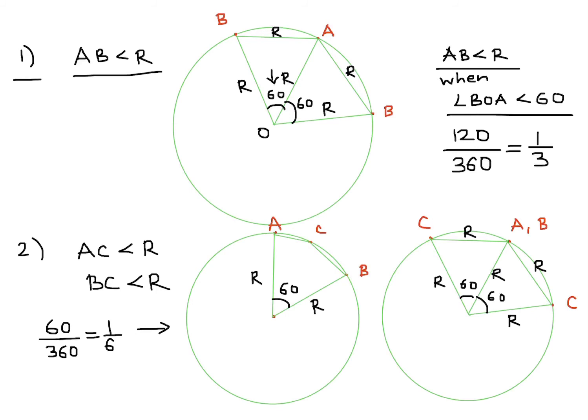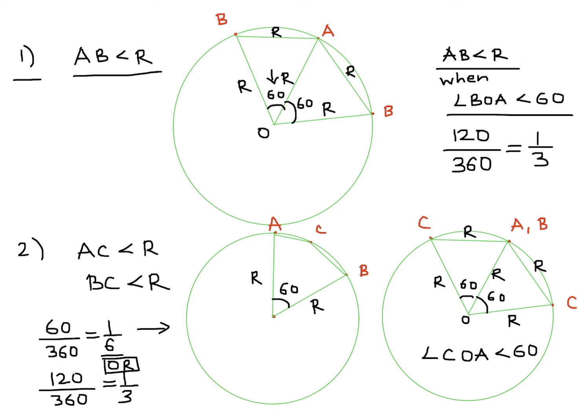Very similar to over here, I'll write it here, angle COA has to be less than 60 in order for these conditions to be met. So this scenario gives you an additional probability. It gives you 120 over 360, and that's 1/3. Now, we can have this or we can have this.